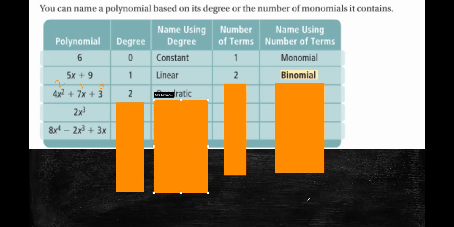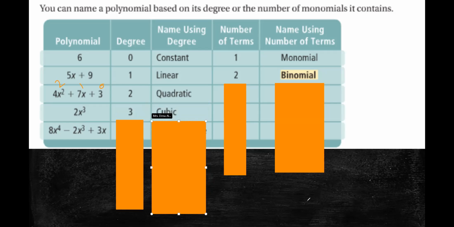By its degree: if the degree is 0, I will say it's constant. If the degree is 1, I will say it's linear. If the degree is 2, I will say it's quadratic. And if the degree is 3, I will say it's cubic.